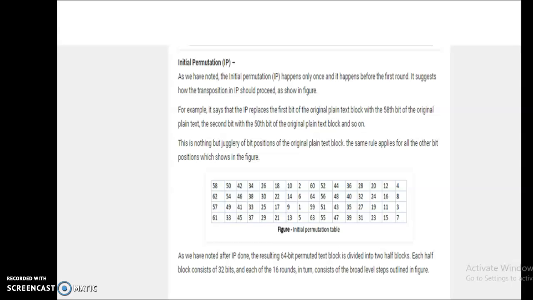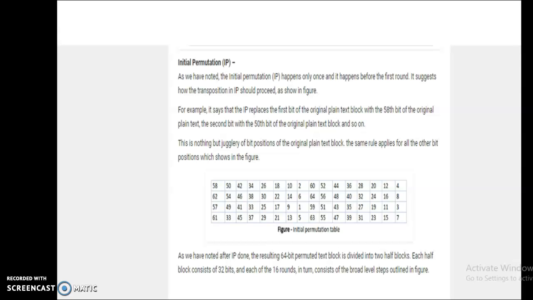For example, it says that the IP replaces the first bit of the original plain text with the 58th bit of the original plain text, the second bit with the 50th, and so on. This is nothing but changing the bit positions of the original plain text, and the same rule applies to the other bit positions.